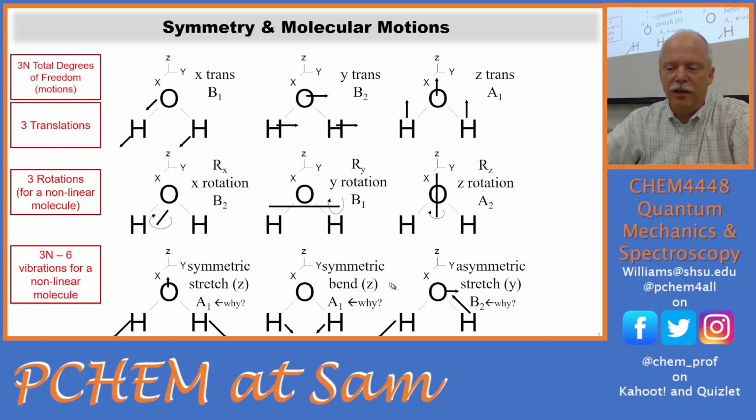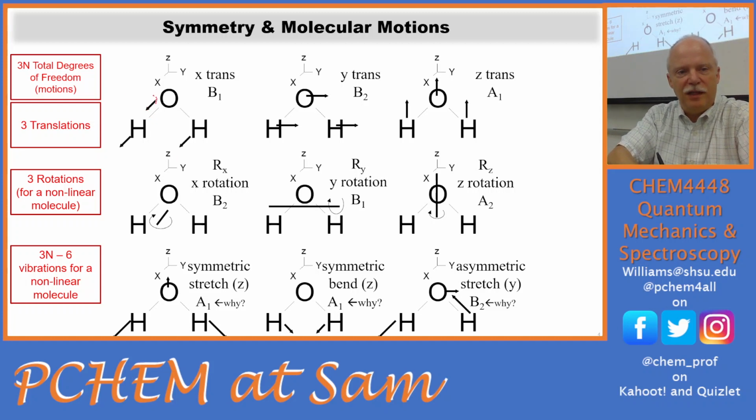And here we have all of the arrows describing the motion in this molecule. Up here at the top, you see these arrows are along the x-axis. You see the angle of the x-axis? It's the same angle for those arrows. So those arrows are going in the x direction for all 3 atoms.